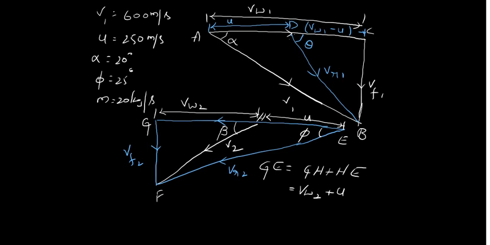Now we will start deriving the statements one after the other. Right? Yes or no? Yes. Now, what is the first point we are supposed to find? Work done. Work done equals M multiplied by VW1 plus VW2 into U. Right?